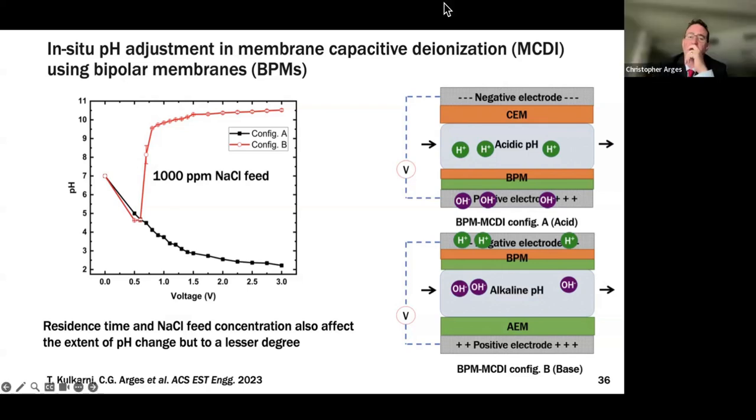What we notice is that the extent of pH change goes up with larger residence time, at lower flow rates. So it's a trade-off. You might get a more selective separation, greater ion uptake in the electrode, or more pH adjustment by letting the solution sit longer within the cell, but that will inhibit how much volume you can process. We haven't studied it extensively, but we do know that it matters.